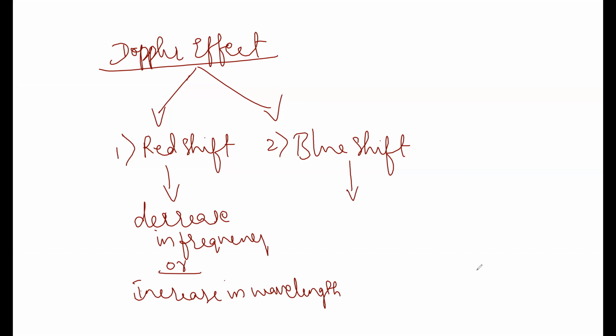Then what is the meaning of blue shift? Blue shift means when the source is moving towards the observer, the increase in frequency or decrease in wavelength due to the Doppler effect is known as blue shift. If you remember one, you can easily define the other.